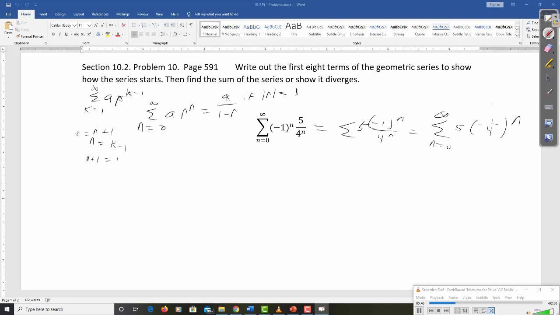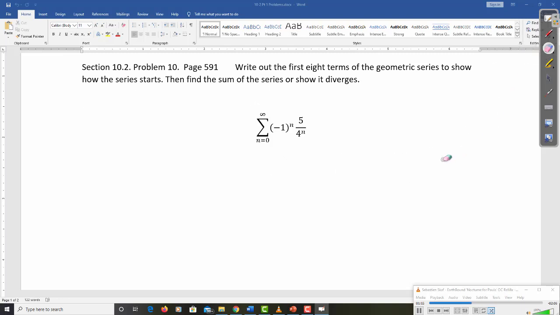This is my common ratio. This is my a. So this should just come out to be a, 5, over 1 minus negative 1/4. That's 5 over 5/4. So that's going to be 4.